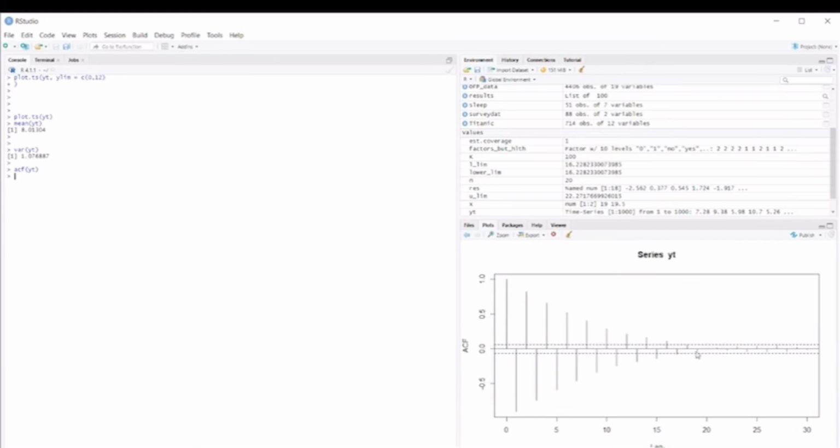Look at what I got. This is the ACF at different lags. If you go by what I told you yesterday, at lag 0 it is always going to be 1. And you can see it's going down, decreasing as lag is increasing, and that suggests that probably you're working with an autoregressive model of order 1.